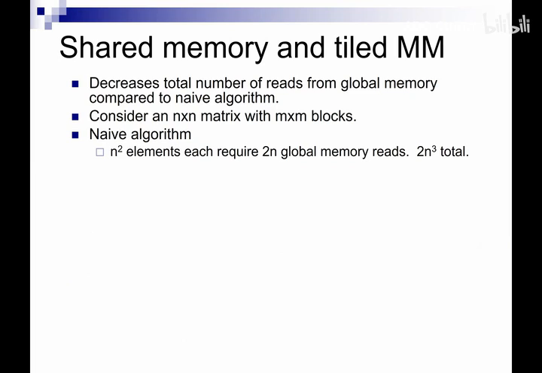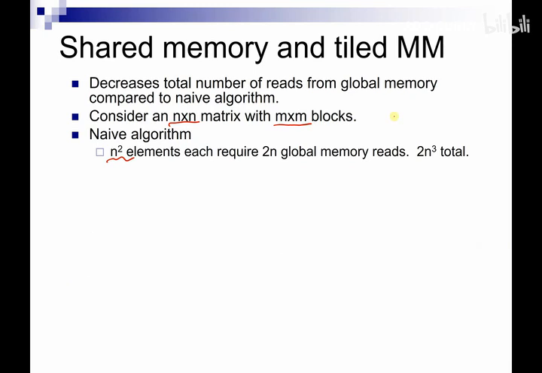Suppose we have an N by N matrix, and suppose that we broke it into tiles of size M by M. With the naive algorithm, we're going to produce N squared elements of output.